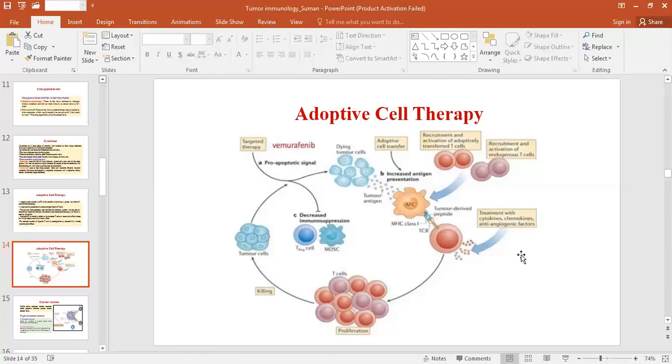So what are they doing? They are interacting with this tumor specific antigen, and they are resisting proliferation of the tumor cells. They are killing the tumor cells. So this particular process is known as adoptive cell therapy.